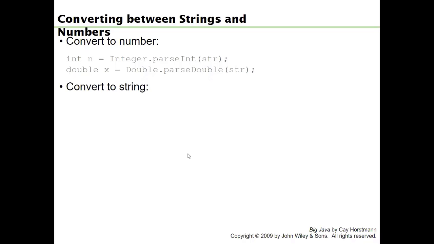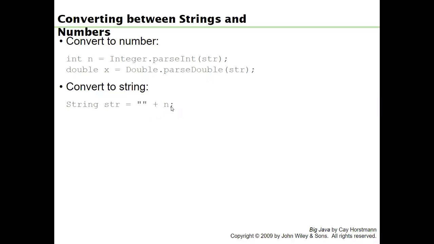Okay. Now, what if you want to go the other way? What if you want to go from a number to a string? How do you do that? Well, here's a really cheap way of doing it. This is for lazy programmers like myself. They have fancy methods for doing this, but if you want to trick it, you just put in the empty string, and then you add your number to it, and the compiler goes, oh, they're concatenating onto a string, even though it doesn't have any characters in it.